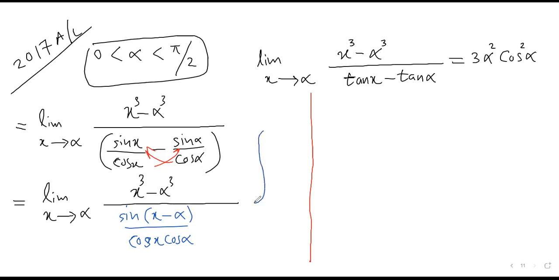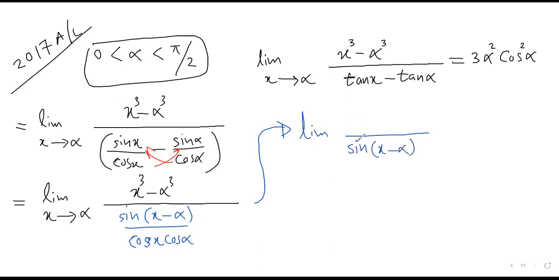Okay, now x is going to alpha, right? Limits. Now you can do like this. Sin x cos alpha minus cos x sin alpha is sin of x minus alpha.